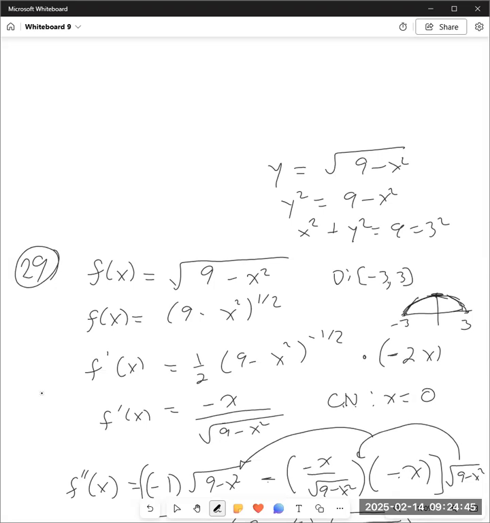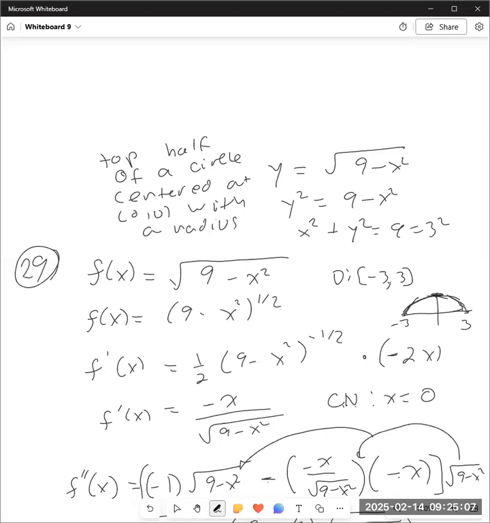Circle of radius 3, just the top half of a circle centered at 0, 0 with a radius of 3. So it would make sense that this point here, going 3 away from the center of 0, 0 would give me 0, 3. That all checks out with geometry.